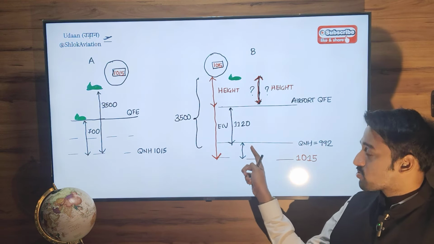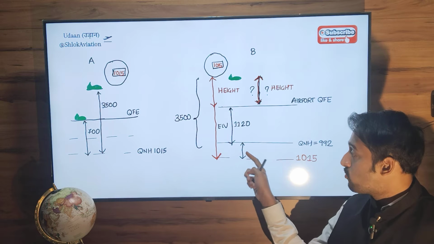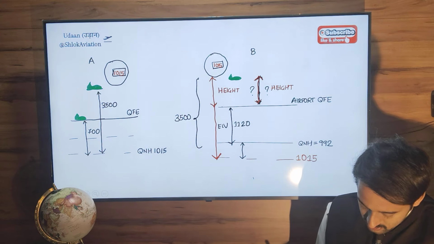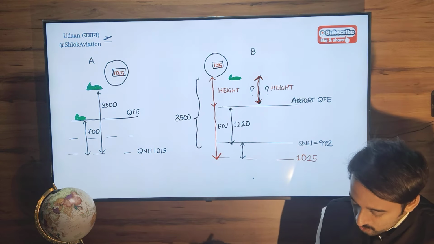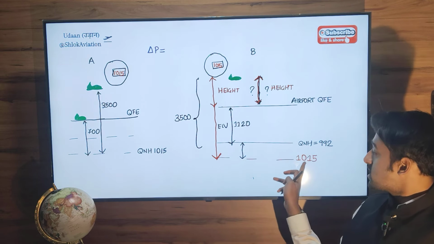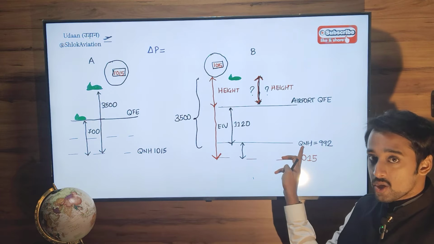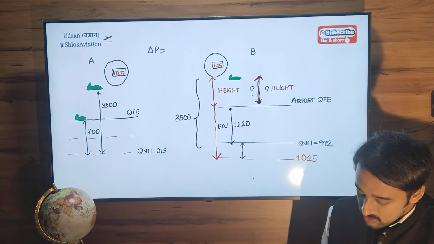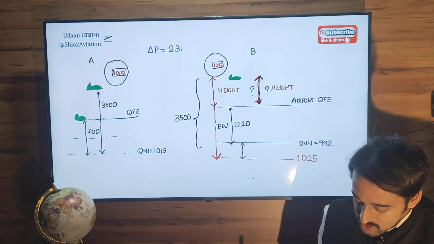Now let's find this small part. How to find the height difference between these two levels? Let's find the pressure difference. The pressure difference is 1015 minus 992. So it is how much? 23 millibars.